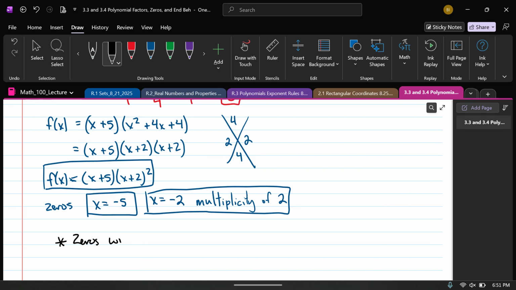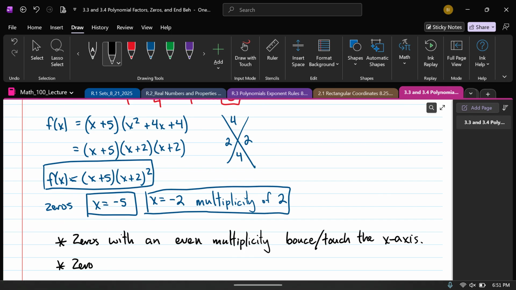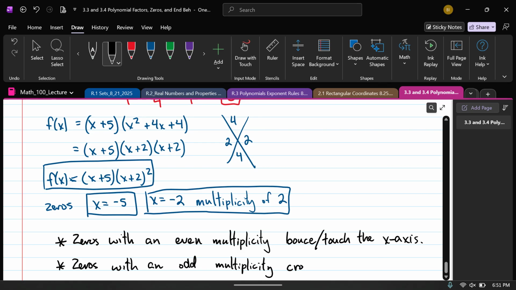Zeros with an even multiplicity bounce or touch, means the same thing, the x-axis. Zeros with an odd multiplicity cross the x-axis.